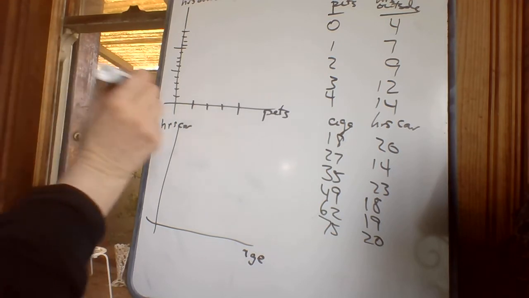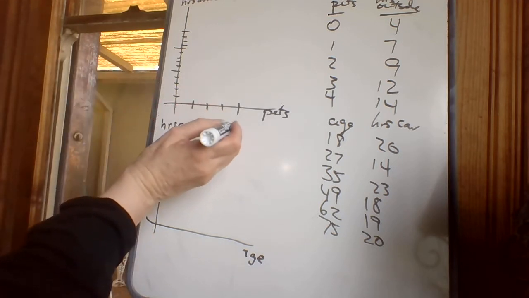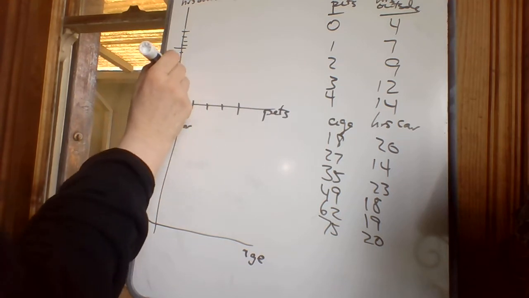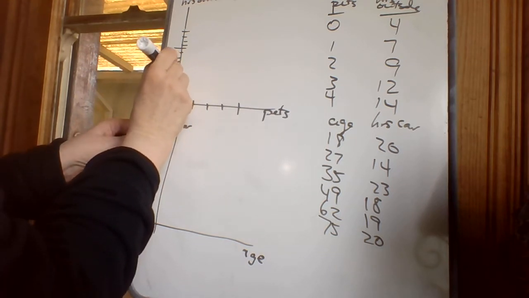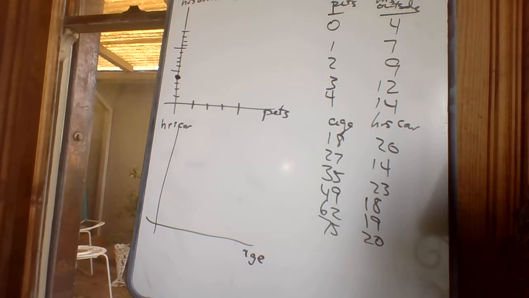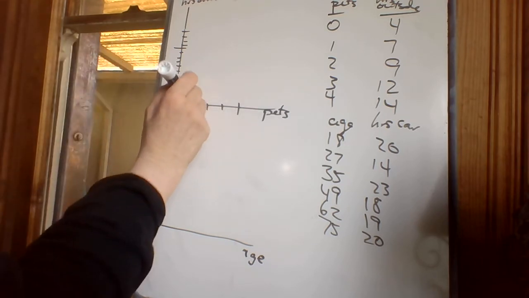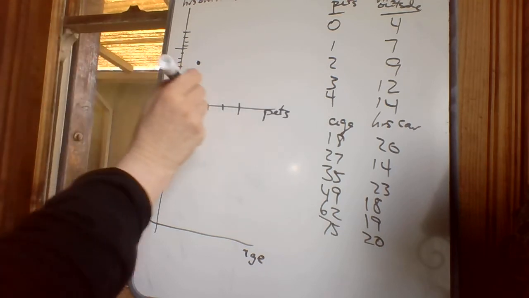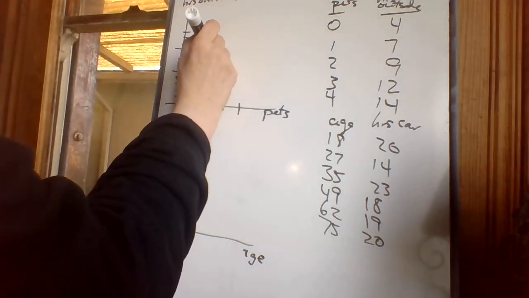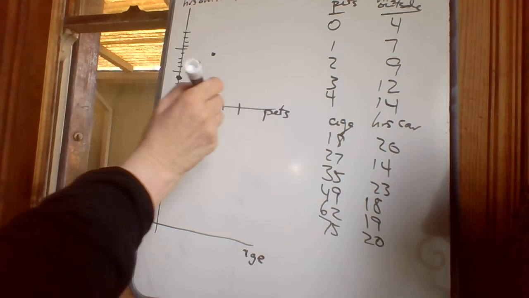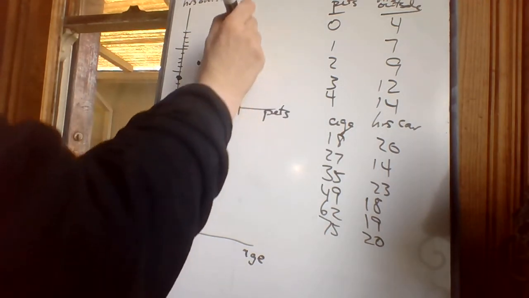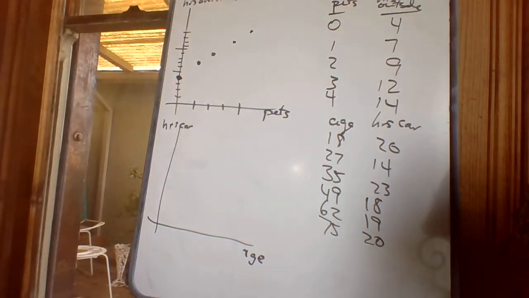Now it's X and Y coordinates: 0, 4. 0 pets, 4 hours. There's the dot that matches up with them. Then 1, 7. 2, 9. 3, 12, and 4, 14.